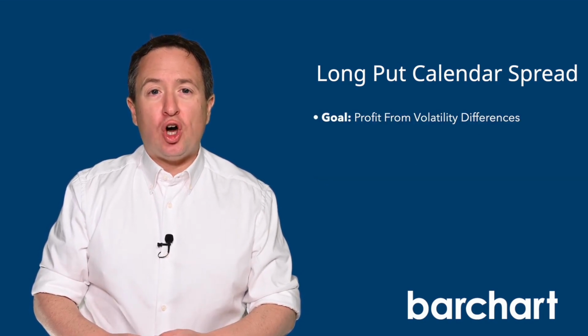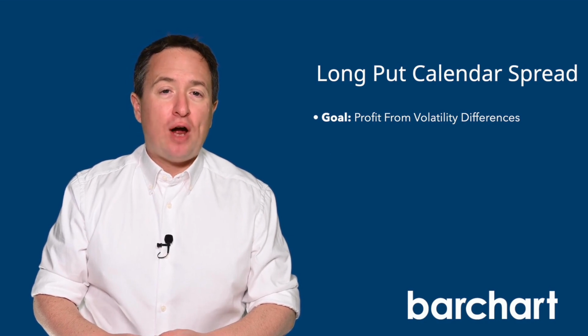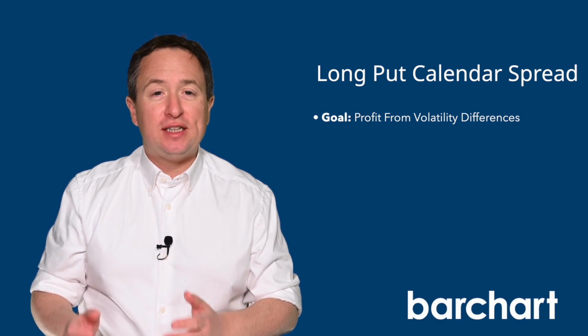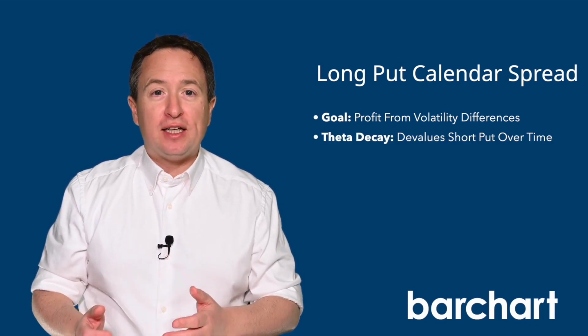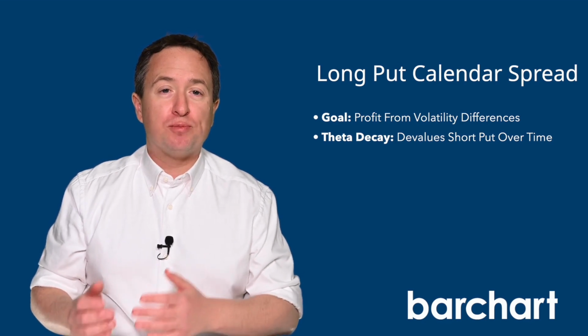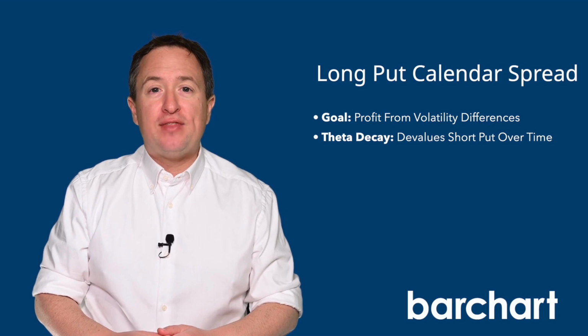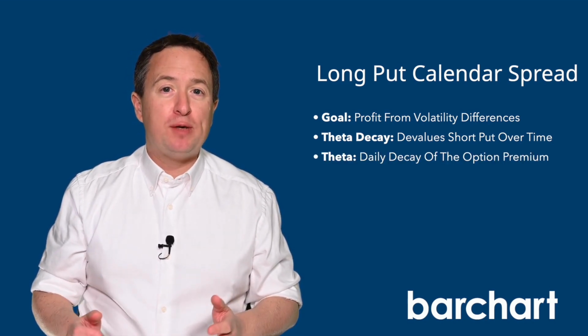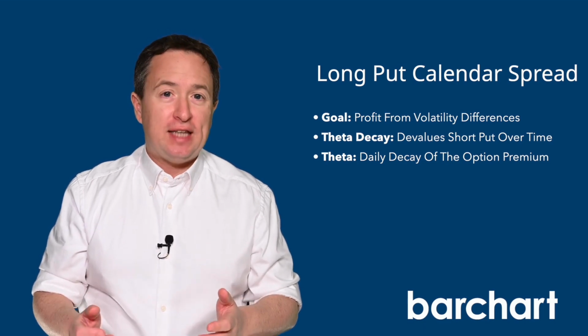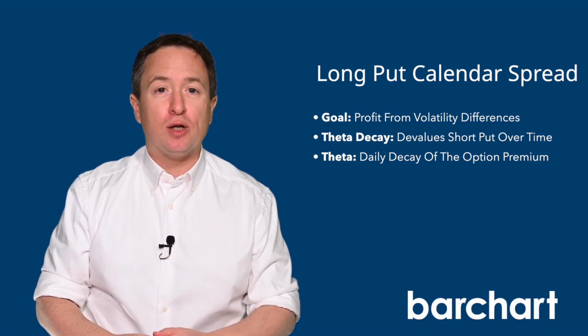The goal of a long put calendar is to profit from the difference in volatility of both options while relying on theta decay to render the short put worthless. Theta is an options Greek that tells us how much the option's premium will lose each given day, all things being equal.